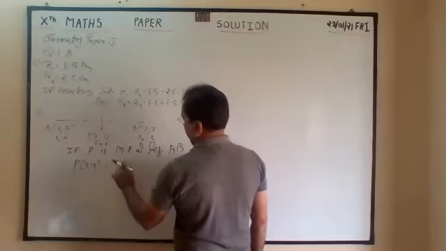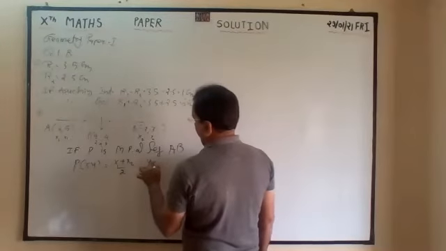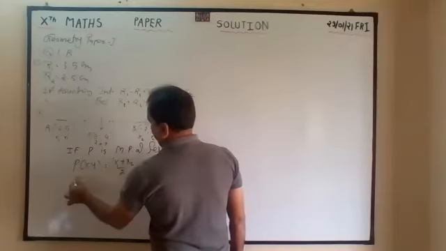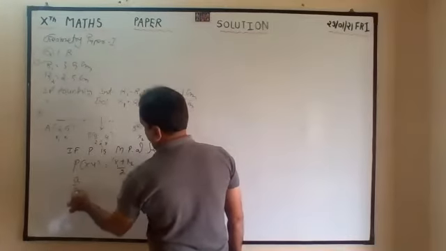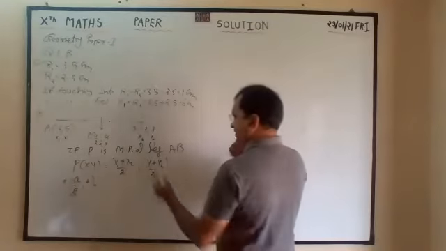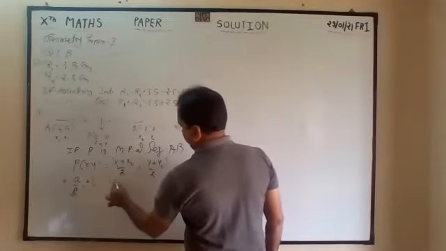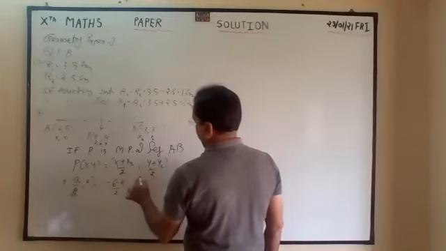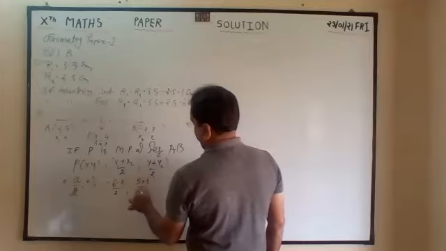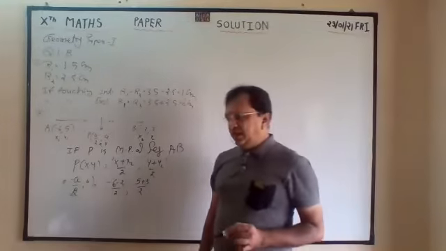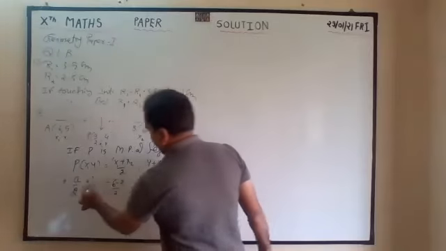X1 plus X2 divided by 2, Y1 plus Y2 divided by 2. And that is given: A by 2, comma 4. Minus 6 plus 2, and 5 plus 3 by 2. So 5 plus 3 means 8 by 2. It is 4.